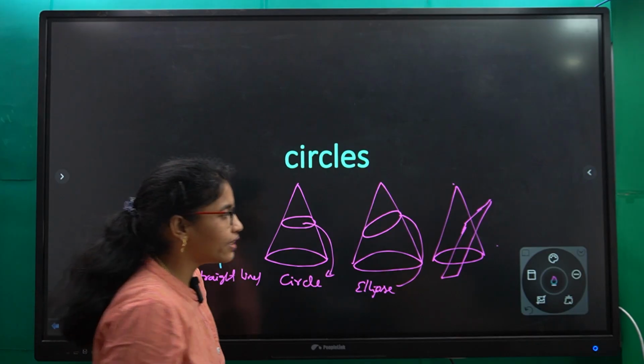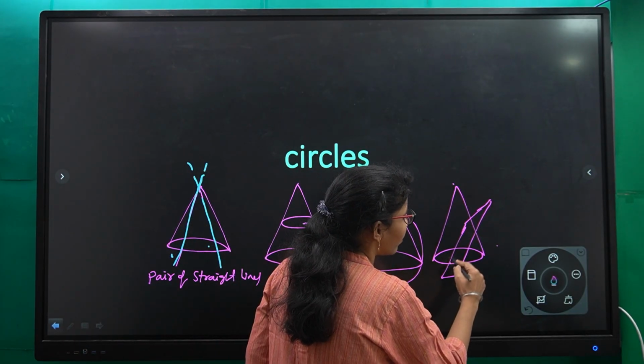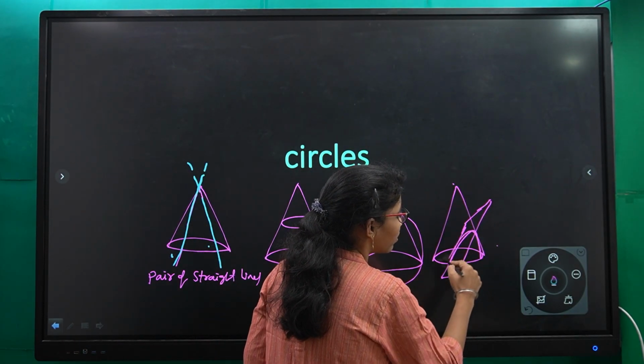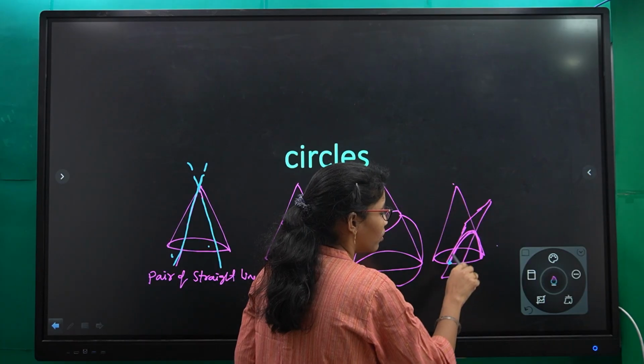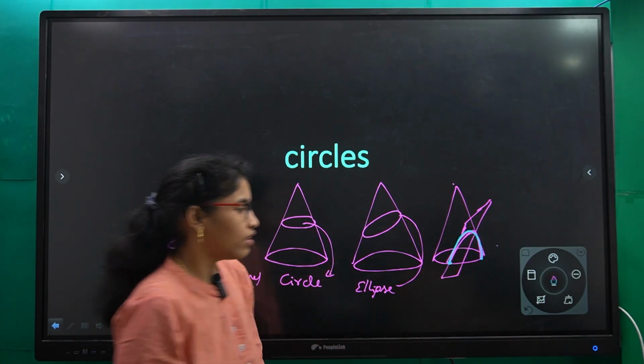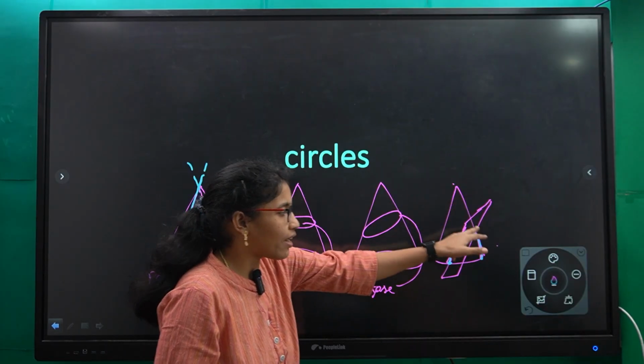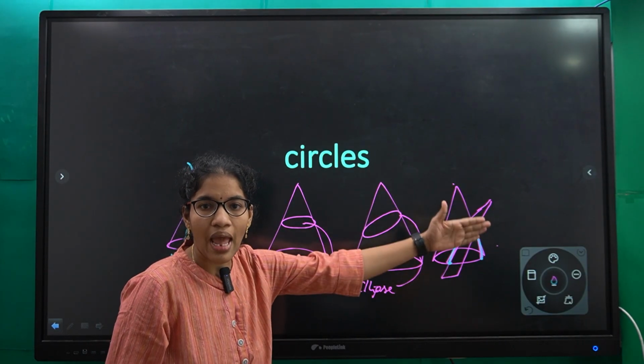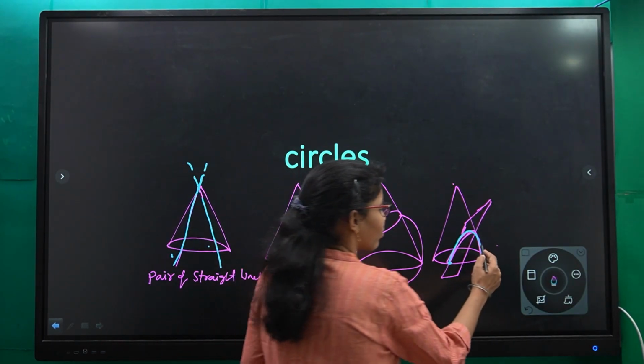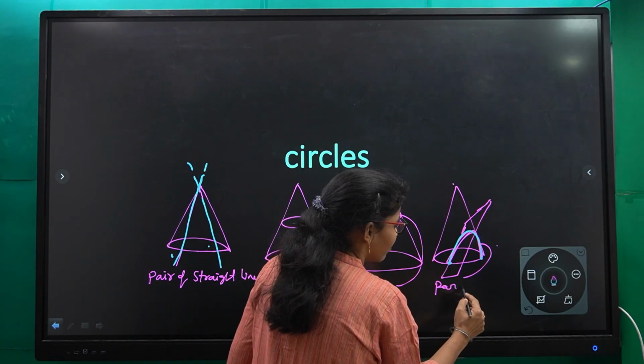That time, this whole part is removed, right? After cutting the cone like this, this part is removed. So it forms a parabola, right? So this is a parabola.